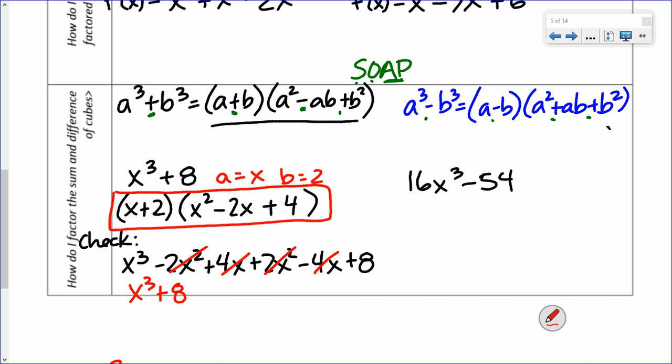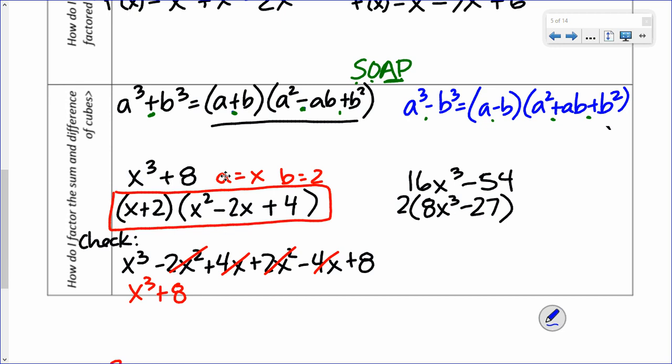Now looking over at the other one, you might be thinking already, well, these aren't perfect cubes. 16 is not a perfect cube, neither is 54. But if I factor out a GCF here, I'm going to see 2 perfect cubes, 8x cubed and 27. So again, I'm going to do the same thing. I'm going to look at those numbers. 8x cubed, where did that come from?